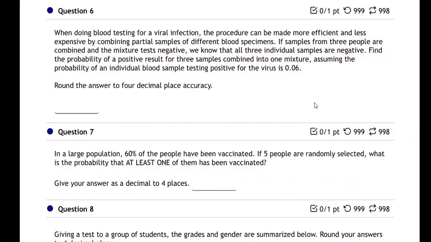Find the probability of a positive result for 3 samples combined into one mixture, assuming that the probability of an individual sample testing positive for the virus is 0.06. All right, yeah, this is not an easy question.